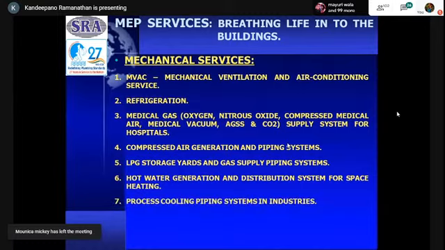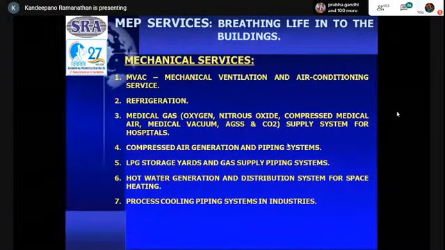Process cooling piping systems in industries where there are so many processes like injection molding, where the plastic raw material is melted and then pumped into a molding device for molding various things like your PET bottles, Coke bottles, medicine bottles, or glucose IV solution bottles, etc. And these molds require cooling continuously, heating as well as cooling, to maintain certain temperatures.